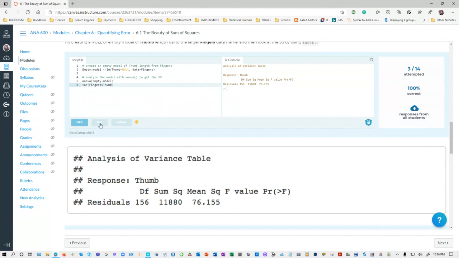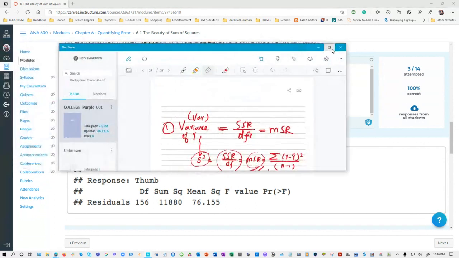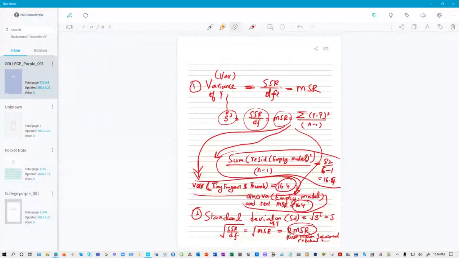Okay, so first one. You see, 76.1552. So that's the same one. If you take the square root of that one, then you're going to get the standard deviation. That's what I'm trying to say.